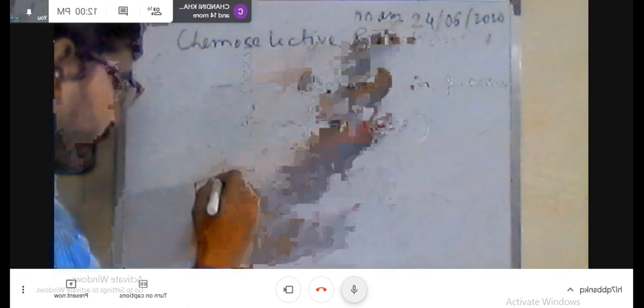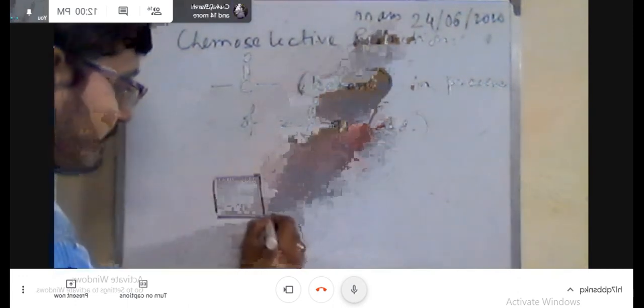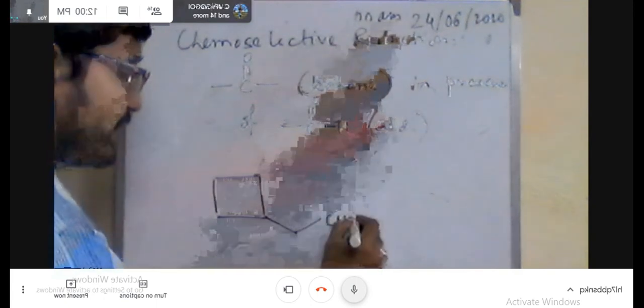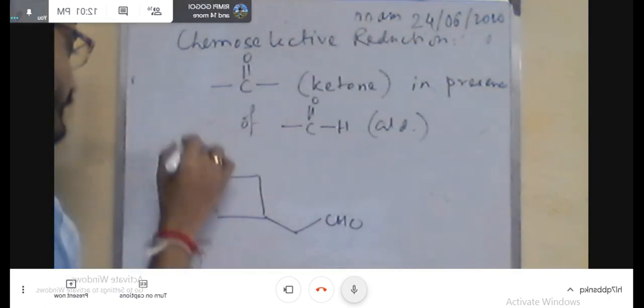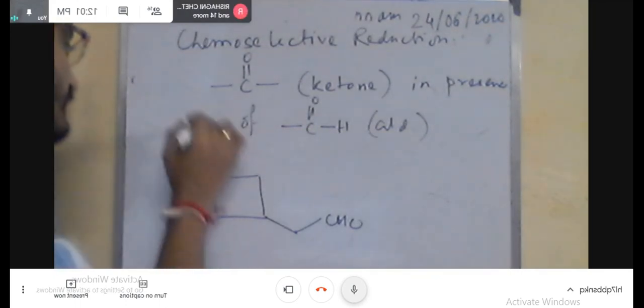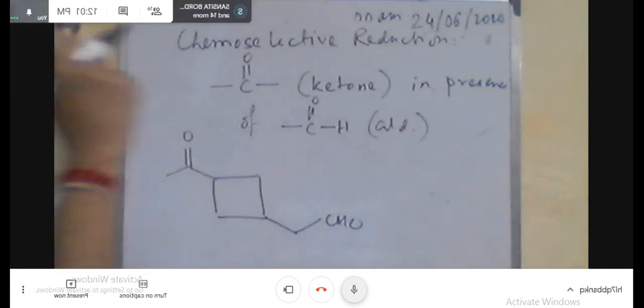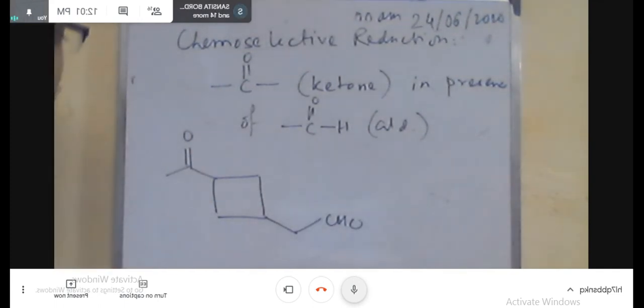Sodium borohydride can reduce only aldehyde and ketone. Okay. DIBAL-H can selectively reduce ester to the aldehyde, only from ester to the aldehyde.